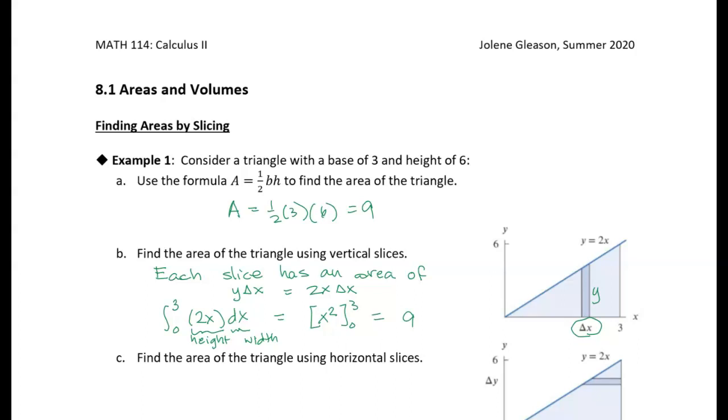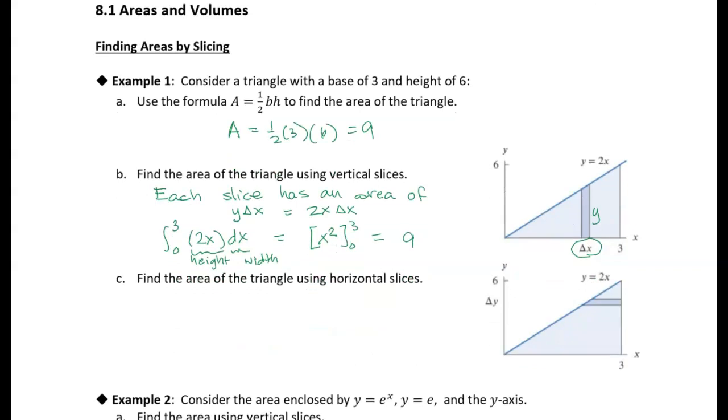So that's the traditional area under the curve, just like we have been doing. But that's not the only way to use integrals, so I want to show you some different ways that we can integrate a function. One of those ways is to look at horizontal slices. We can actually slice this triangle horizontally, so let's try that method.